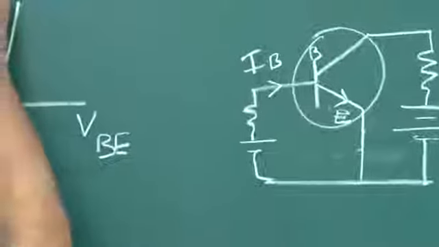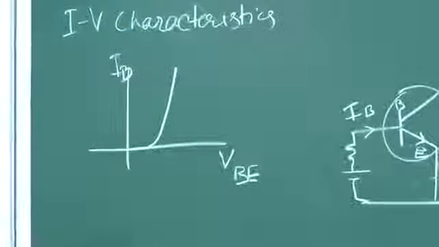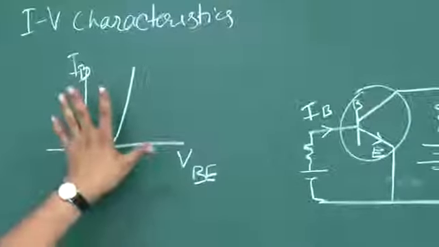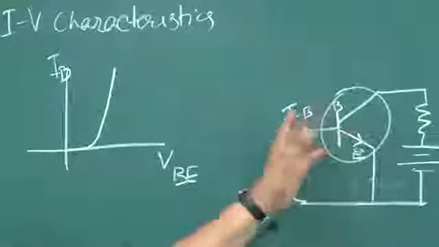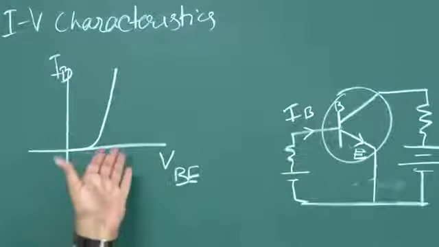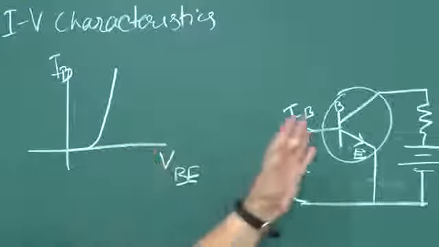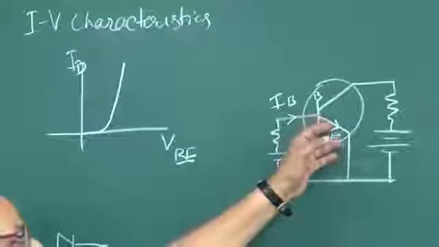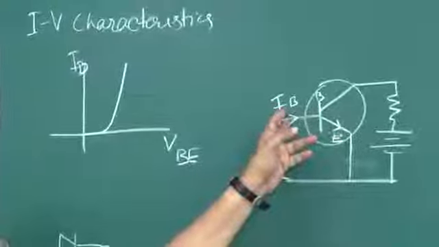So if this is current IB, it will almost look like this. If this junction was alone, of course this is a p-n junction and it should be this characteristic. What is the effect of this collector here? Of the electrons which are coming, only a small fraction is going.